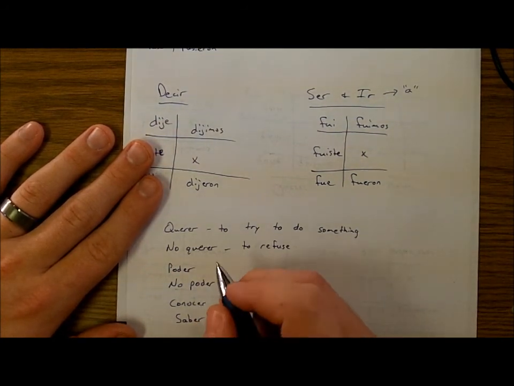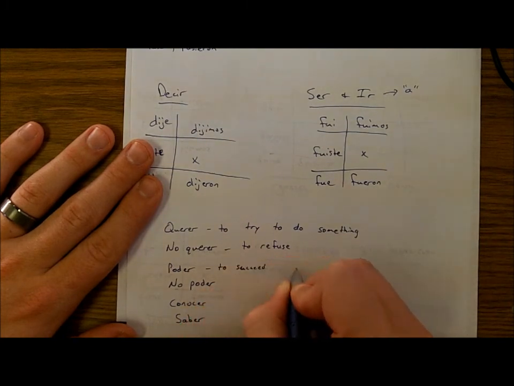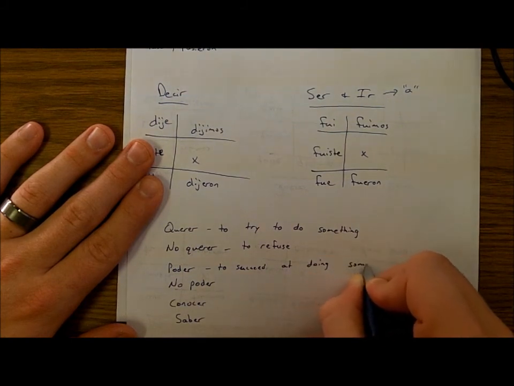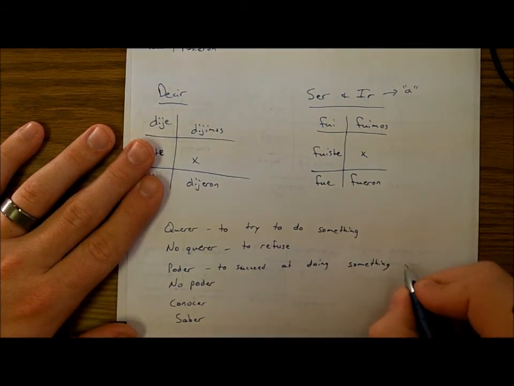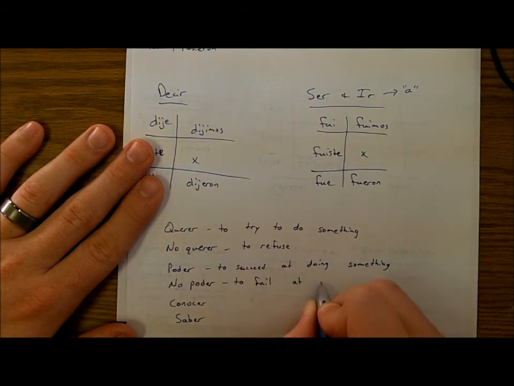Poder means to succeed at doing something. Sometimes people explain this as you managed to do something. Okay, no poder means the exact opposite, to fail at doing something.